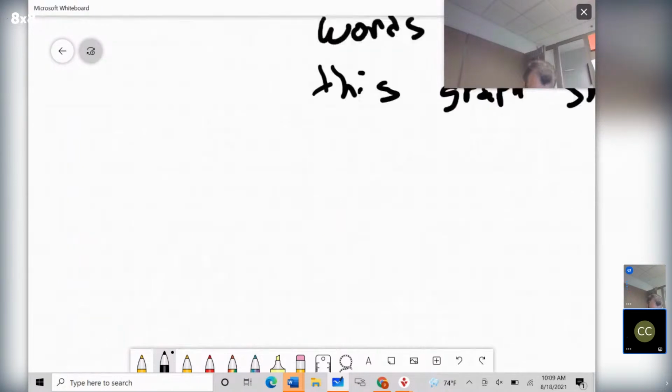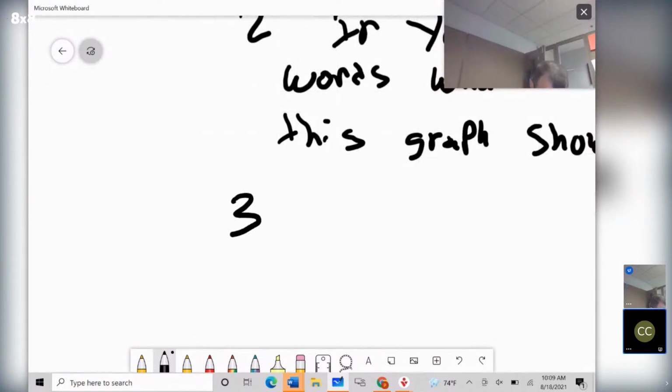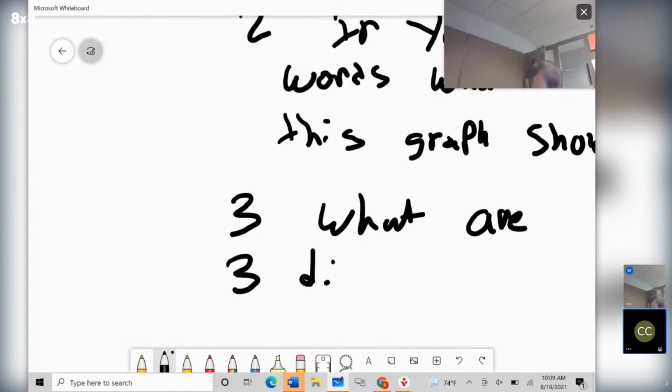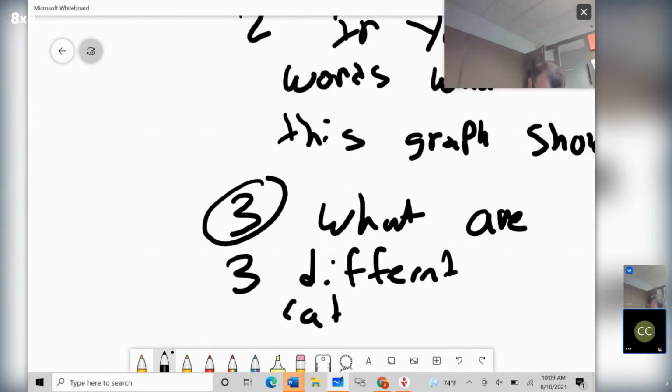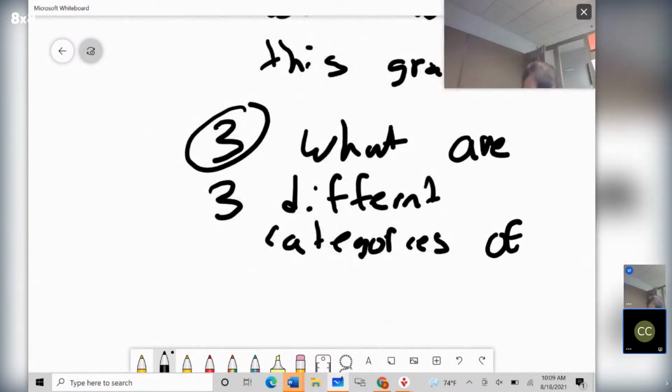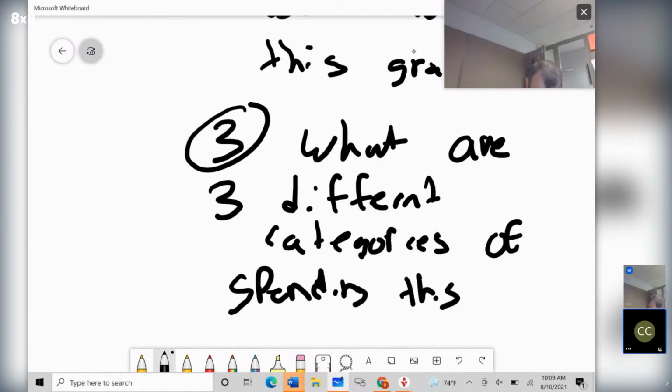The next one says, what are 3 different categories of spending this graph shows?